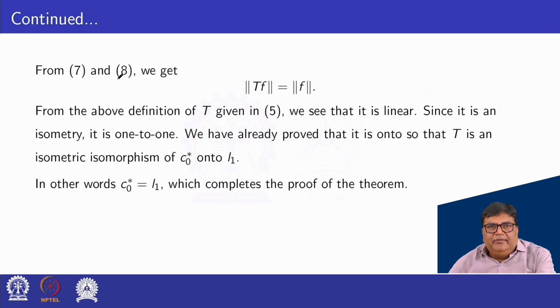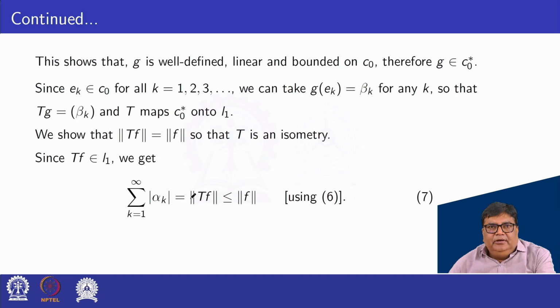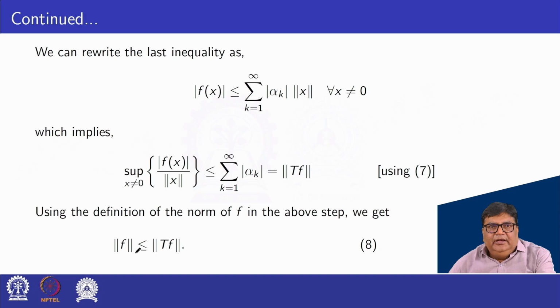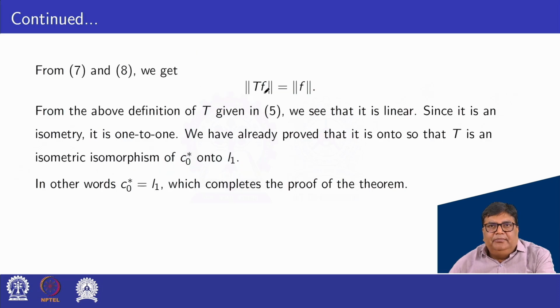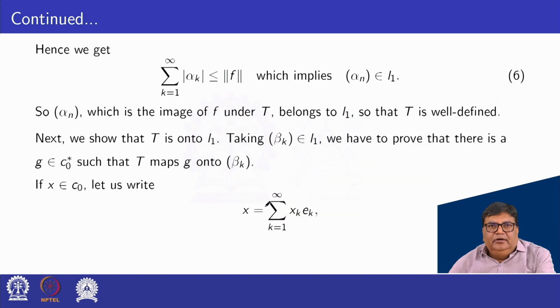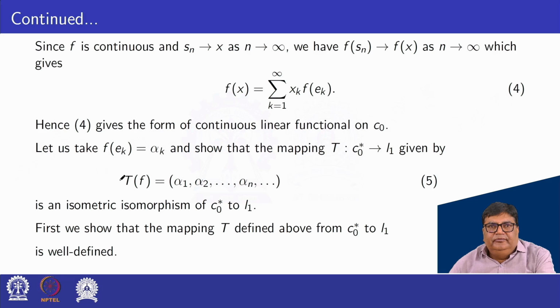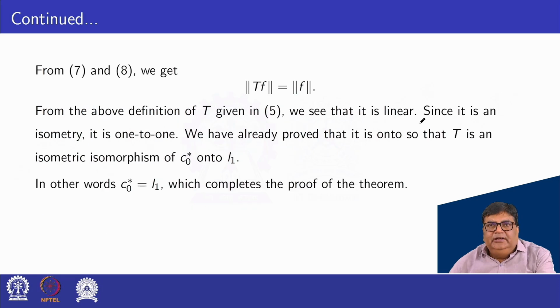Now from equations 7 and 8, we get the norm of Tf is equal to the norm of f. In 7, the norm of Tf is less or equal to the norm of f, and in equation 8, the norm of f is less or equal to the norm of Tf. It means from 7 and 8, the norm of Tf is equal to the norm of f. From the definition of T given in equation 5, we see that it is linear.